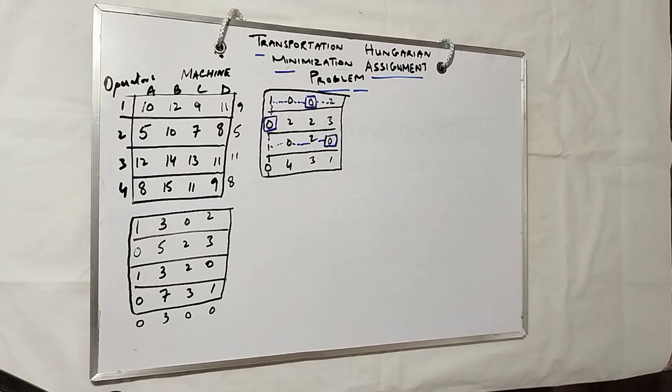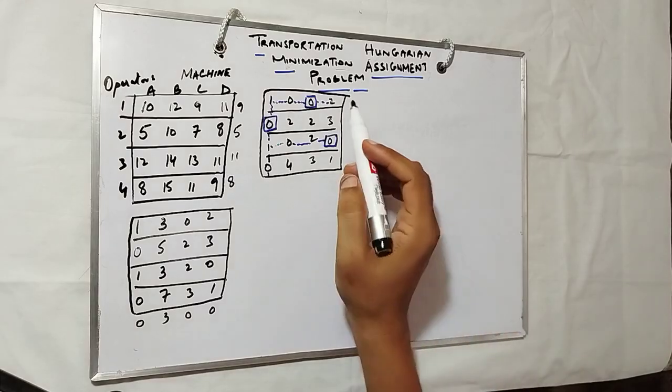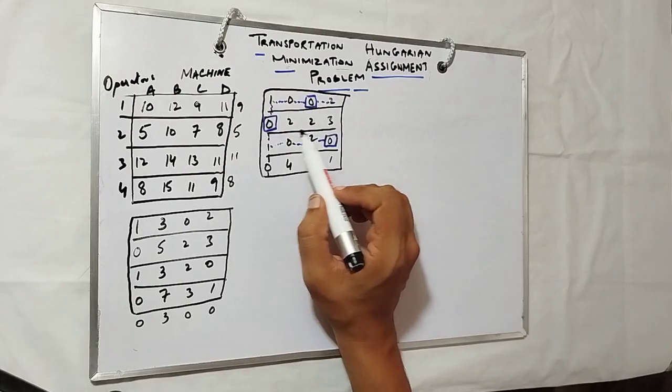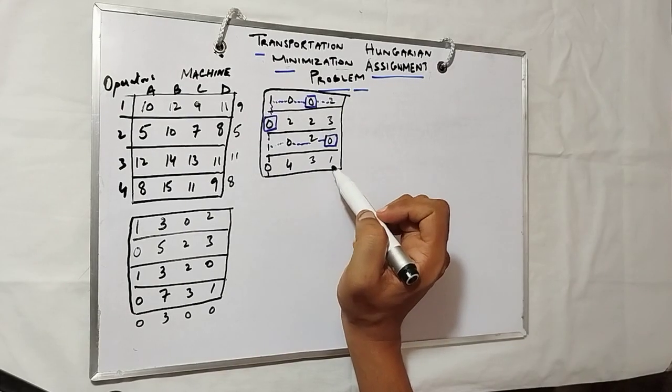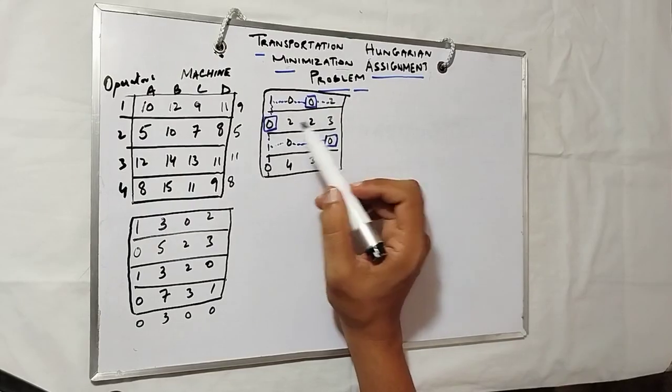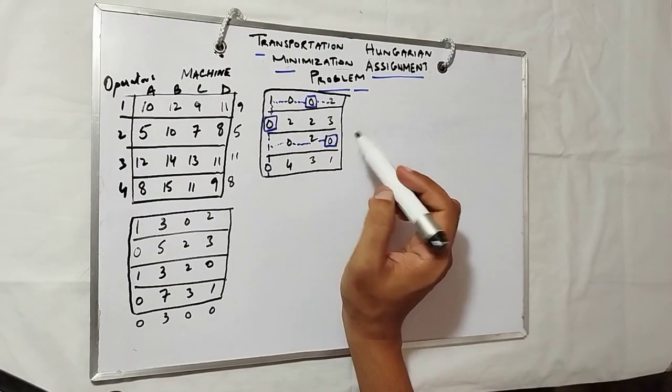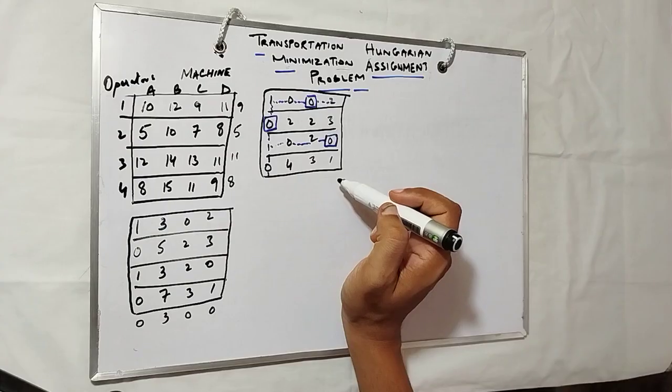So let's find the remaining one. Remember what we have to do. We have to find, among the uncut values, that is 4, 3, 1, 2, 2, 3, the one which is the least.